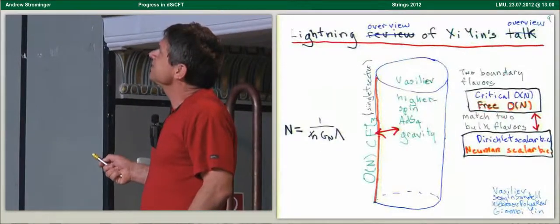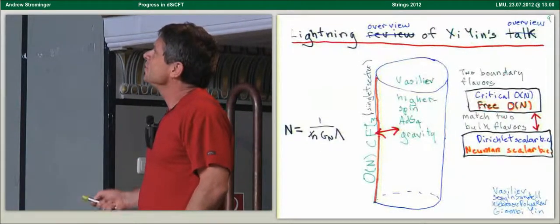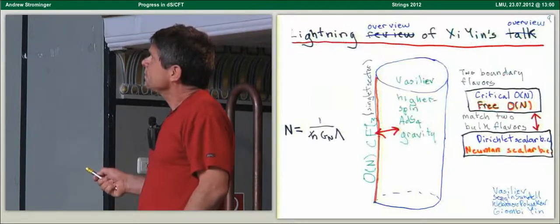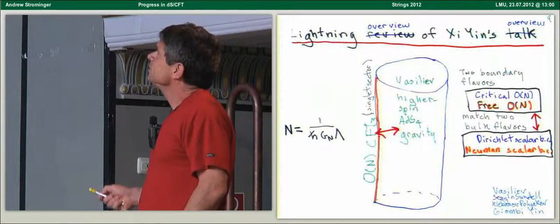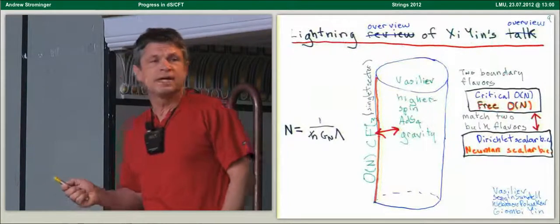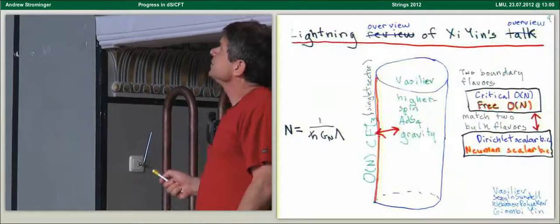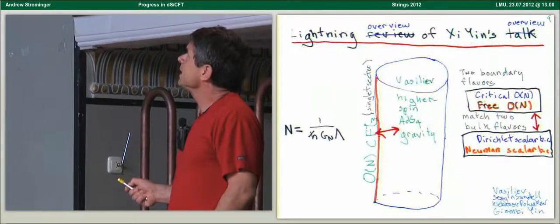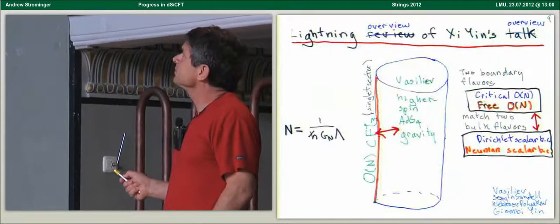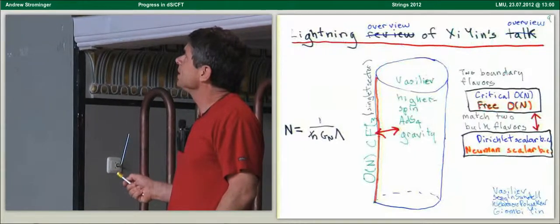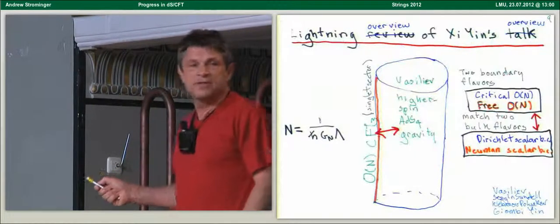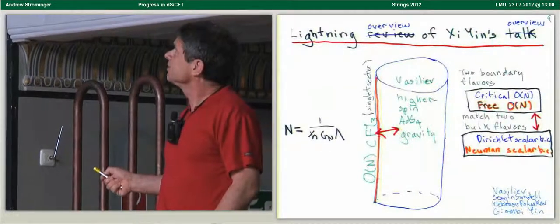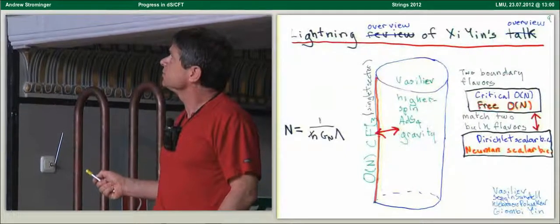So the basic idea is that you have a bulk theory in AdS4 where you have a bunch of higher spin fields, and on the boundary you have an O(N) model which is holographically dual to it in the usual AdS sense, and there are two flavors of the conformal field theory on the boundary. It's an O(N) model, either the critical one with the Wilson-Fisher fixed point or the free O(N) model. And there are also two bulk theories with two different boundary conditions for the scalar field, Dirichlet-Neumann, and these pairs of things are dual to one another.